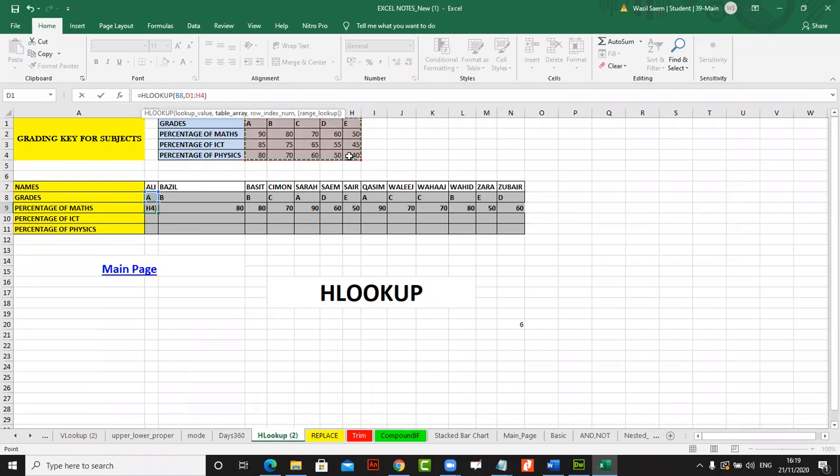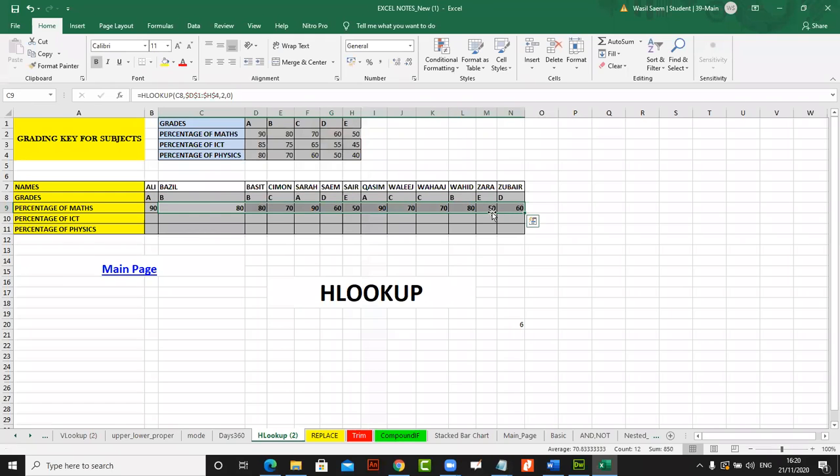I will press F4 to lock the range, comma. I want maths, and maths is my second row in my summary table, so comma 2, and comma 0 to find the exact match. And here we go. Even if I did not have this data, I would replicate it this way. That's your HLOOKUP. Any problem?